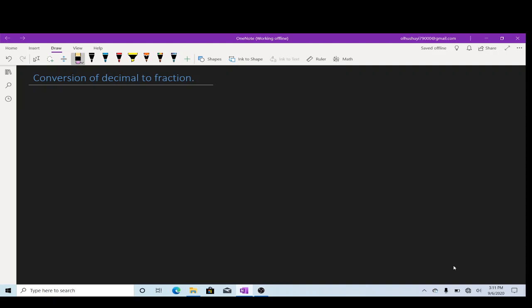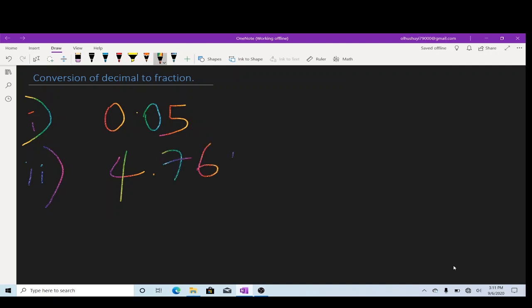Change these questions, or convert them to decimal, or convert them to fraction. You have 0.05 to 4.762. So play with those numbers, change them, convert them to fraction.